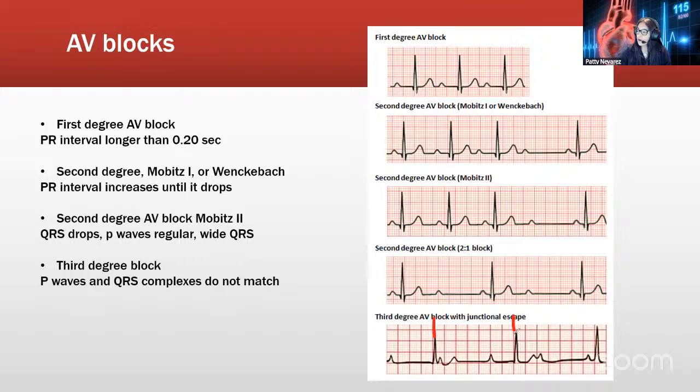We're going to measure R to R, and then move your calipers to the third R. It is going to be the same distance from the first R to the second R. And if we look at the entire 6-second strip, we're going to be able to see a little bit more of the synchrony of the ventricle. So the ventricle is going to be firing with rhythm.